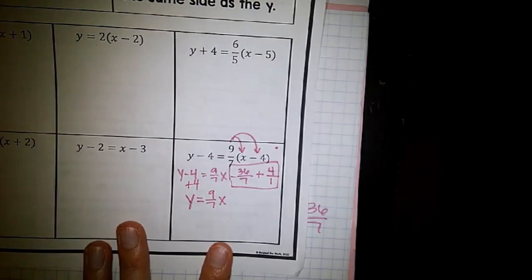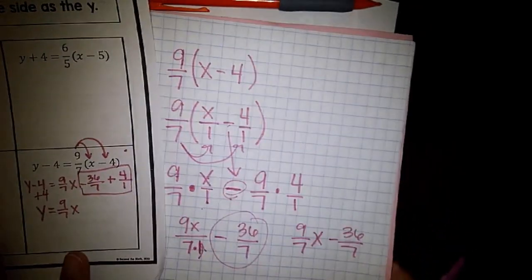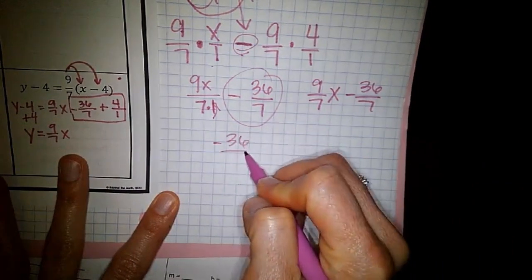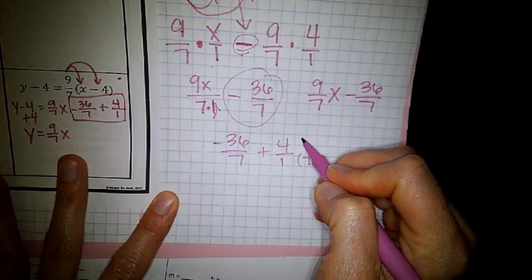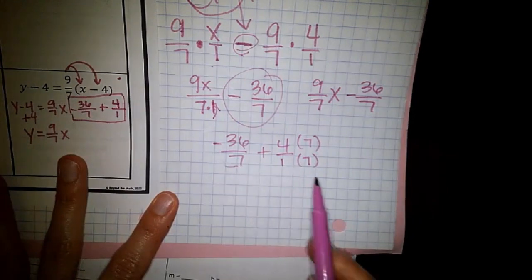No, you have to do big crazy math. Yes? Okay, so that means now we need to do this. We have to multiply this times 7 and this times 7, because you need this to be the same denominator. You can't add unless you have the same denominator.